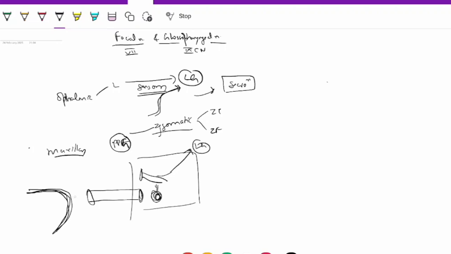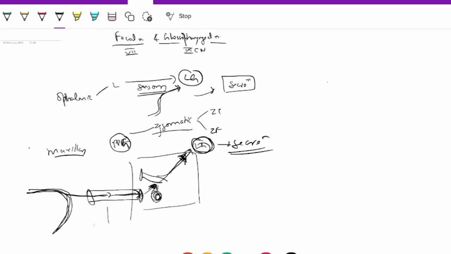What it does is it sends a few fibers in this canal. They go to this ganglion, and then they go along with the zygomatic nerve to the lacrimal gland for the function of secretion. This much we should know.